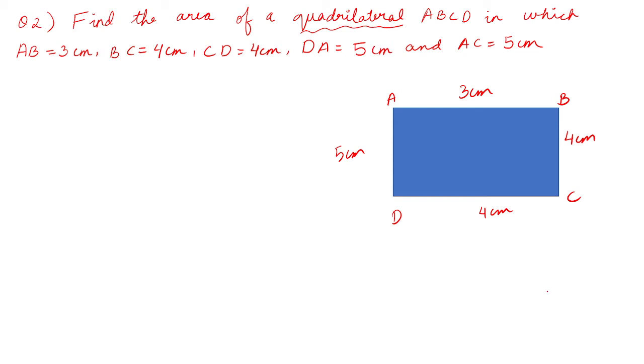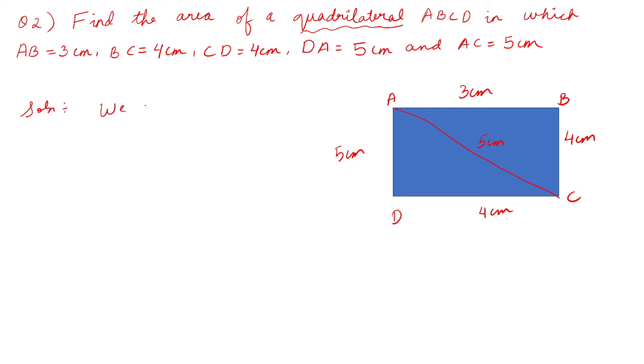Now if you look at this, there's one more value that is given. Can you see what more value they have given? It is the value of AC, given as 5 centimeter. That means AC is the diagonal. Therefore, solution.